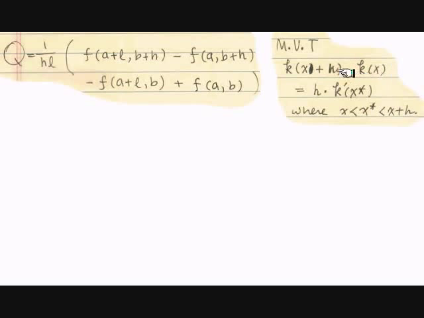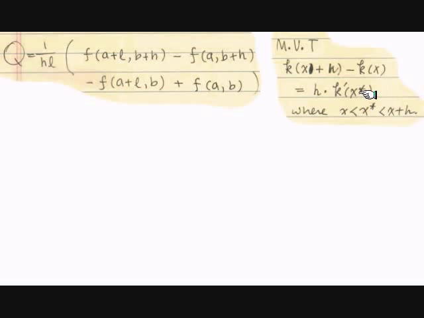If you factor out that small factor h, the remaining constant multiple is the value of the derivative at x star, and this x star is somewhere in between the two input values x and x plus h.